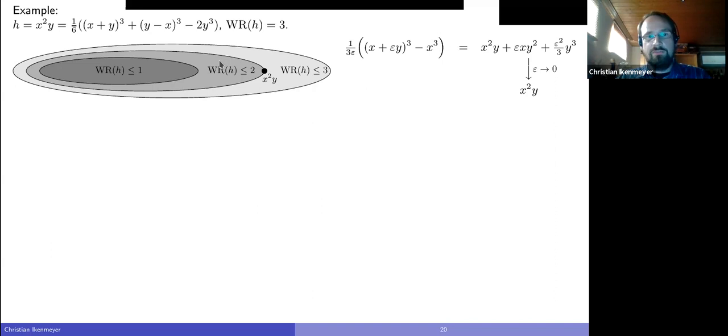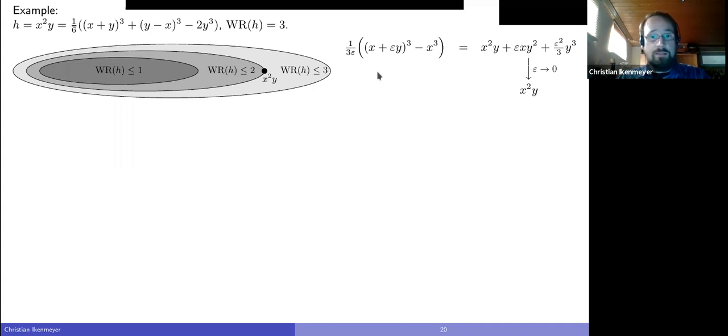So there's a curve here that converges to x squared y, and it's inside the set of Waring rank at most 2 polynomials, and it converges to x squared y. And what I mean by convergence here is defined coefficient-wise, right? So you just take the coefficient-wise convergence here.